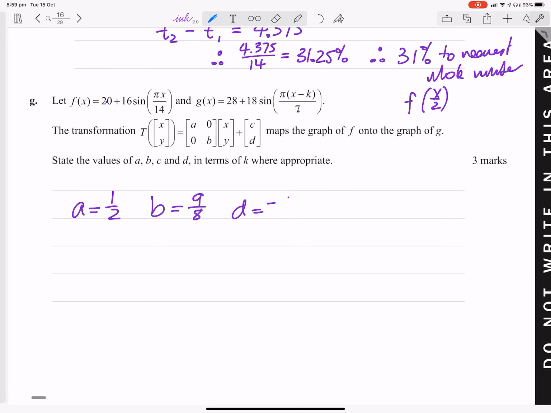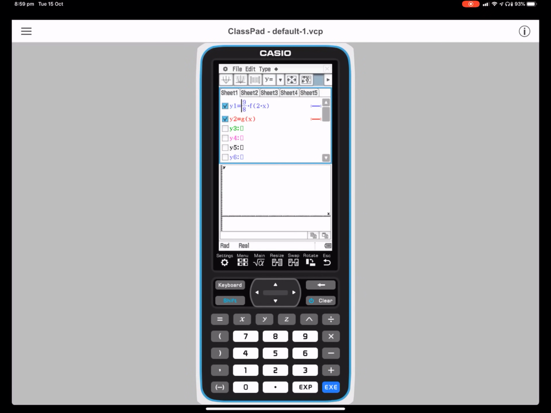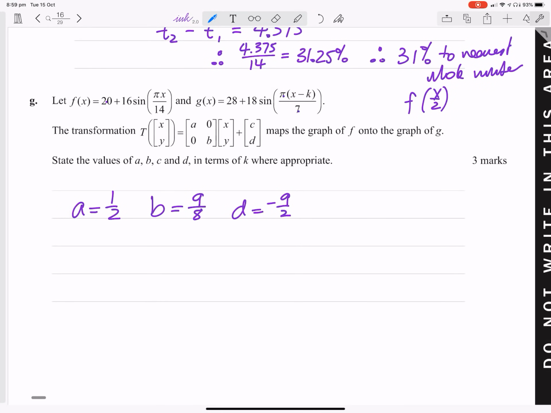So d is negative 9 on 2. So let's try minus 9 on 2. Is it plus 9 on 2? At the moment, when I've multiplied the whole function by 9 on 8, if you multiply that by 9 on 8, oh, yeah.